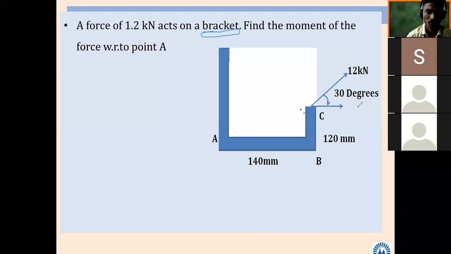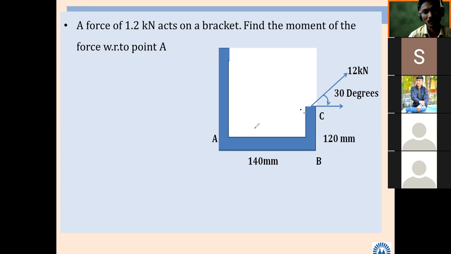No, sir, because two distances are given, one is 140 mm and another one is 120 mm. In the problems we have seen earlier, we resolved one force into its two components, one horizontal and one vertical. Similarly, at point C we have to resolve this 1.2 kilonewton force into a horizontal component, or X component, and a vertical component, or FY component.